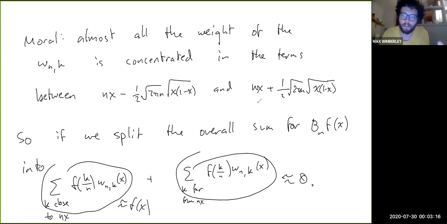The constants here are slightly off from what you'll see in the textbook. You won't see these square roots of 2 pi floating around, so don't worry about that.